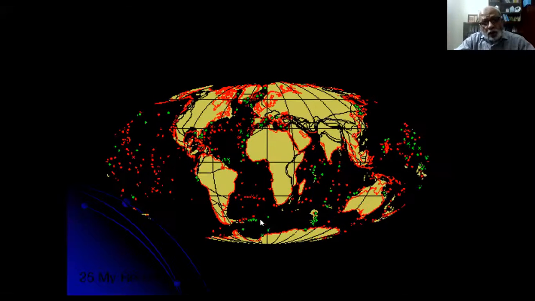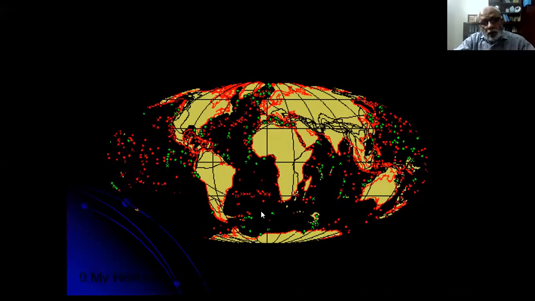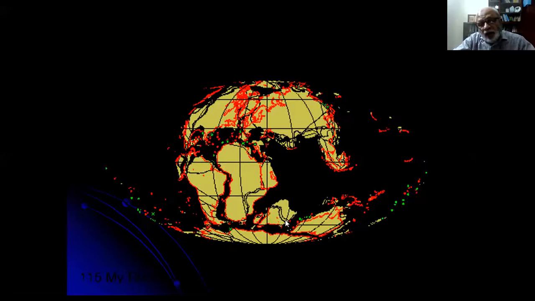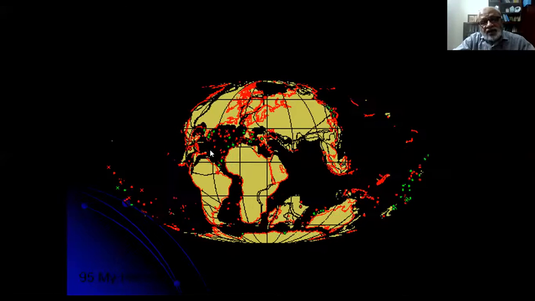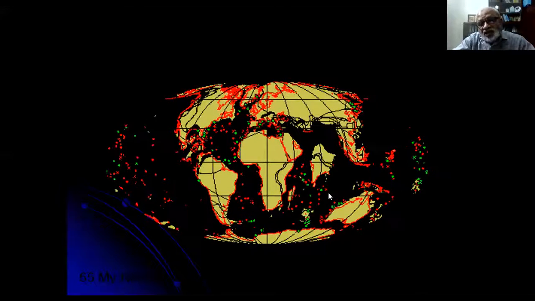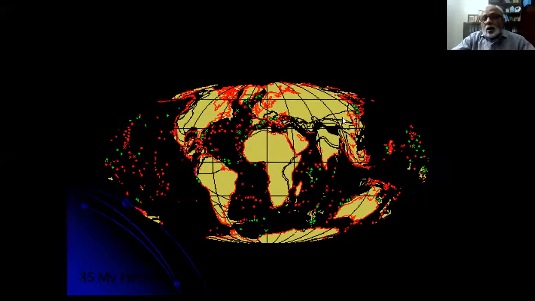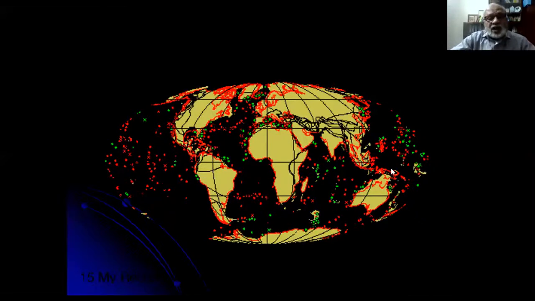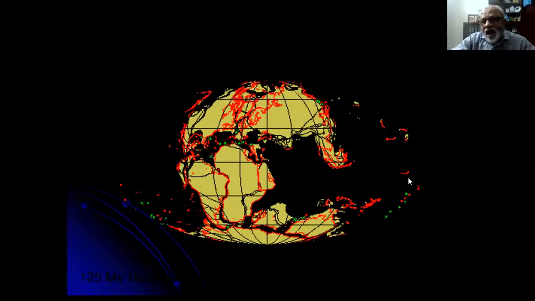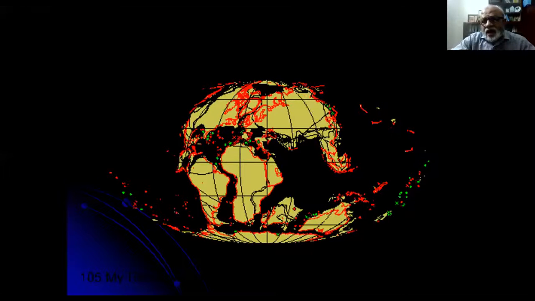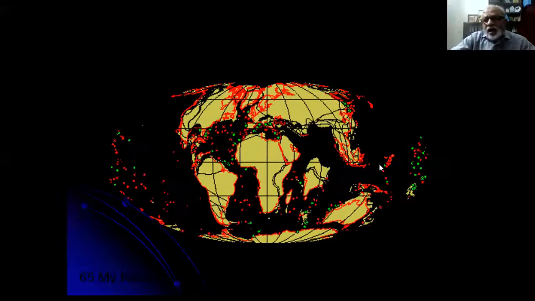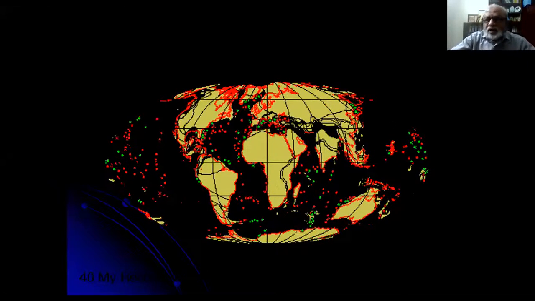I'll tell you now. From this position, the continents are moving away from each other. So the Atlantic is coming up, the Sea of Tethys is going to be closed, and the new Indian Ocean is coming up. You can see a lot of islands and fragments and crustal blocks emerging and being destroyed.